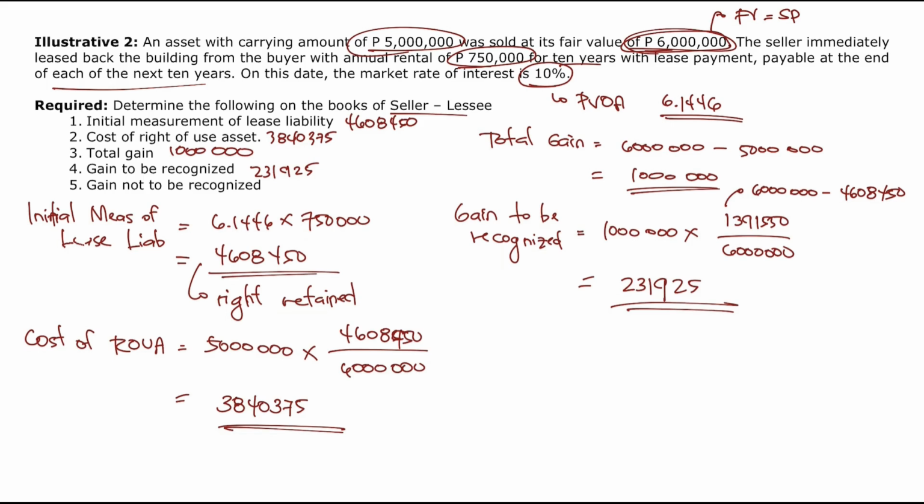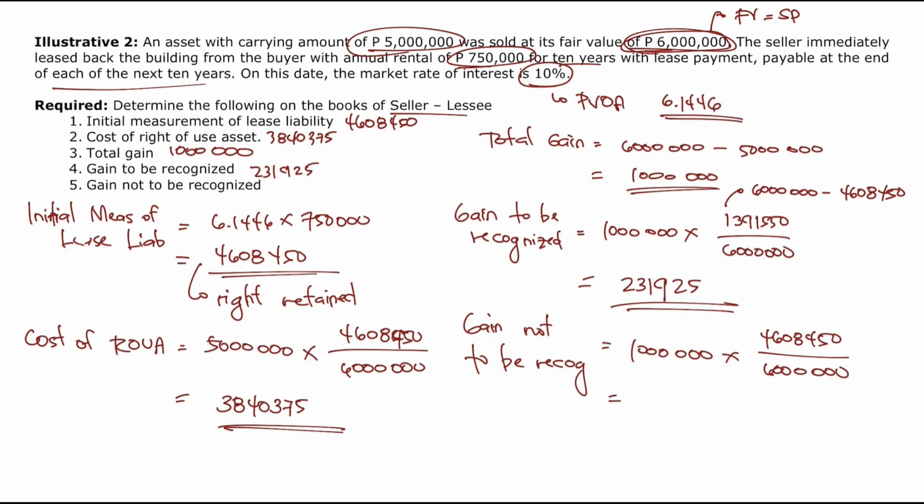Then requirement number 5, magkano daw po yung gain not to be recognized natin? So gain not to be recognized is actually equal to the total gain of 1 million pesos times the right retain naman this time, 4,608,450 divided by the fair value of 6 million pesos. Or this is actually equal to 768,075.